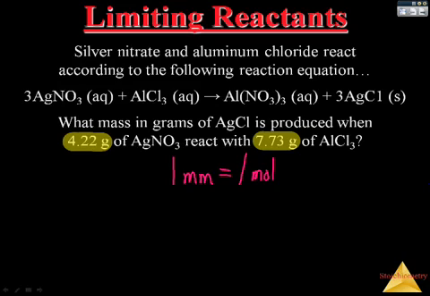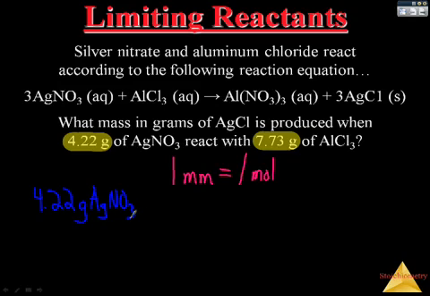Okay, so again, we're going to write down what we know, then we're going to multiply it by a conversion factor. What we know of the silver nitrate is that we have 4.22 grams, and be sure to tell what it is.